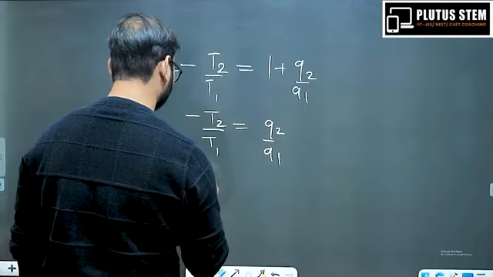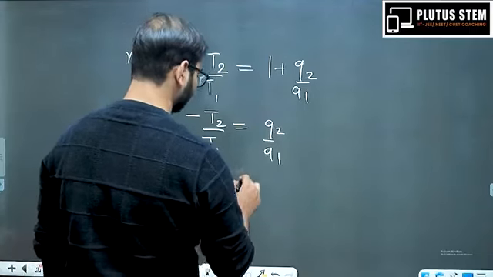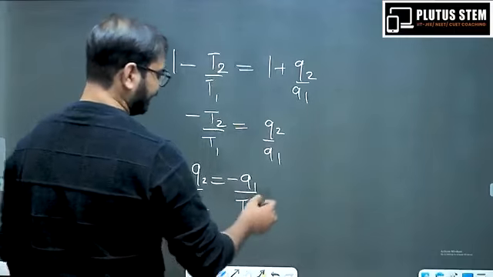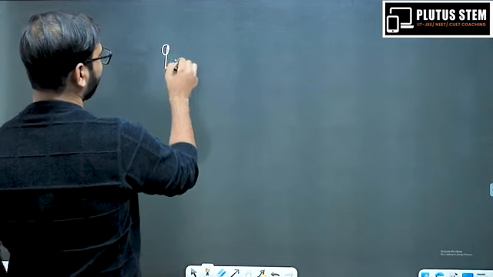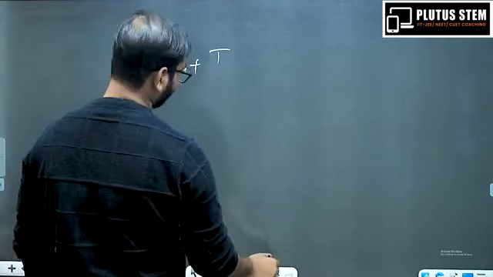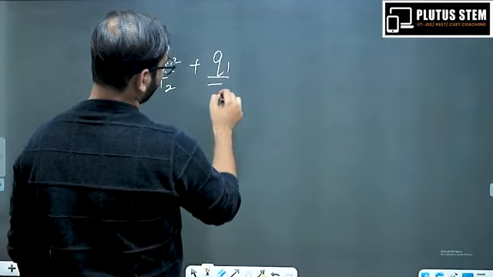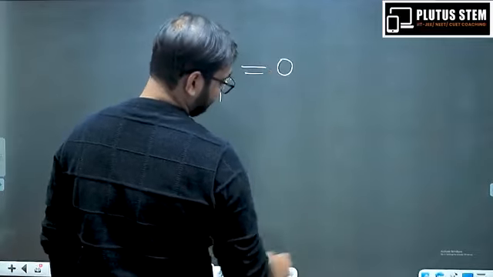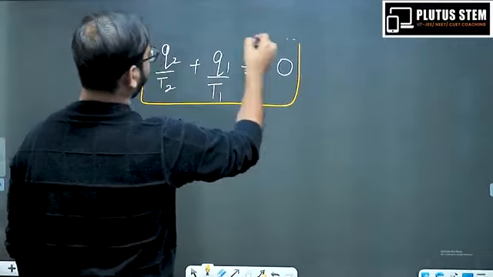Again separating the values, it will become Q2 by T2 minus Q1 by T1. And taking it to the other side, this will become Q2 by T2 plus Q1 by T1, which equals 0. So that means in a normal Carnot cycle, the total heat being supplied gets completely utilized.